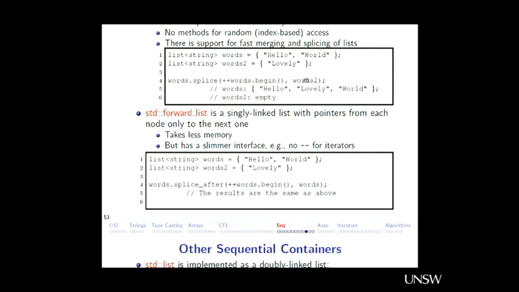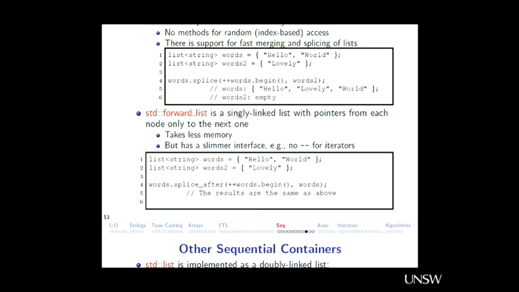Splice or insert words2 into there. And splice is basically what we call a destructive read for words2. It takes the components in list words2 and places them into the middle of words1, or just words in this case, and words2 is now empty. So it's a destructive read for words2.